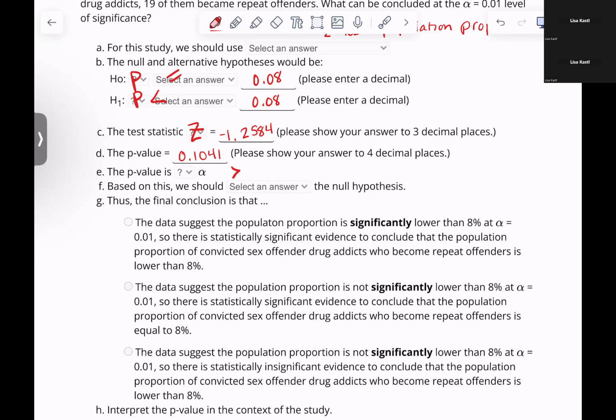But just pick which one is appropriate from the greater than or less than. Does that make sense? Even though it has equals, go ahead and pick that. So what are we going to do if the p-value is greater than alpha? Fail to reject, which is right here. We can't conclude that it's actually less than 0.08, correct?